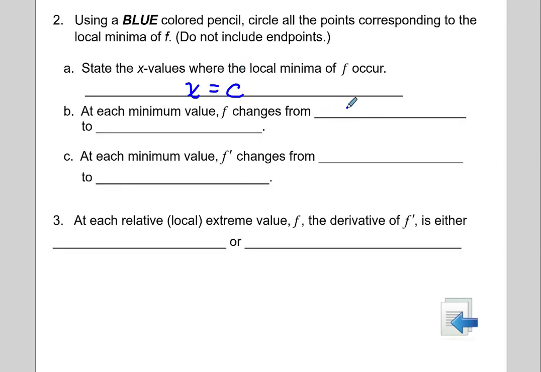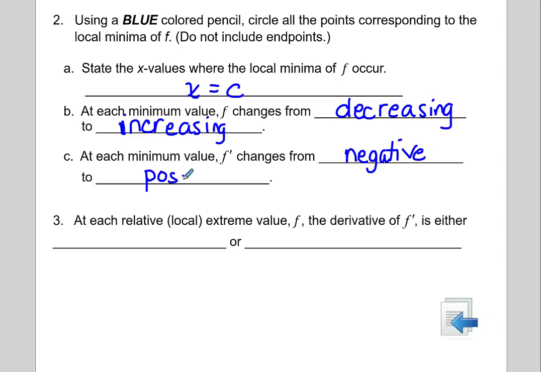They change from decreasing to increasing at the minimum. The function behavior changes from decreasing to increasing. And at each of those minimum values, the derivative changes from negative to positive.